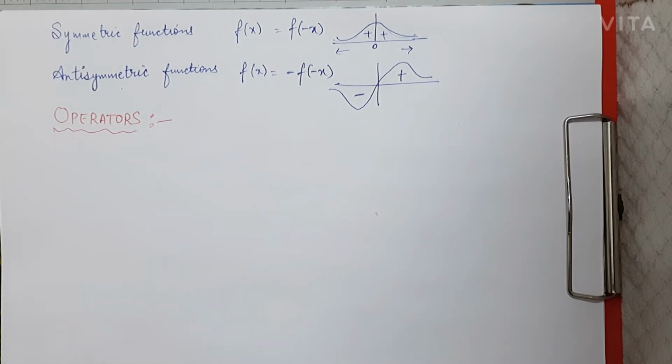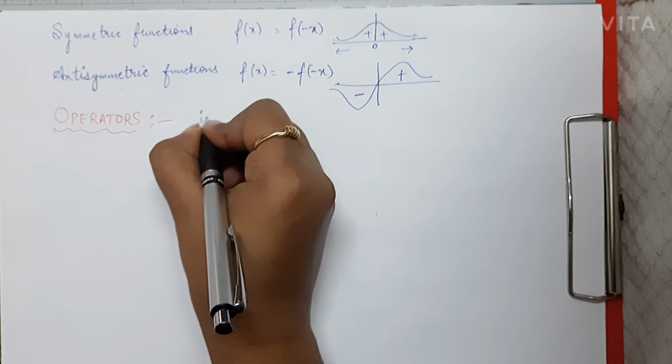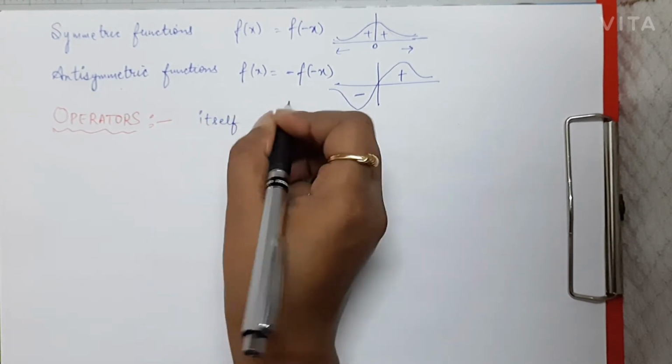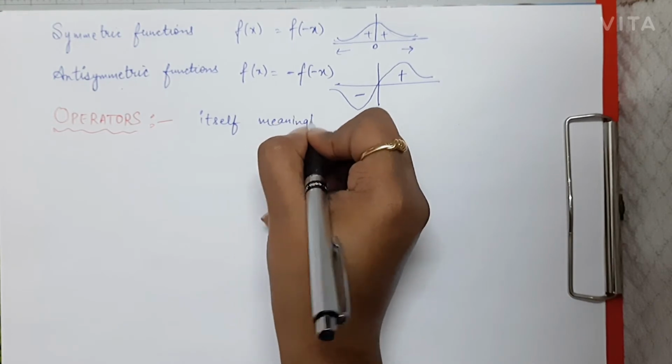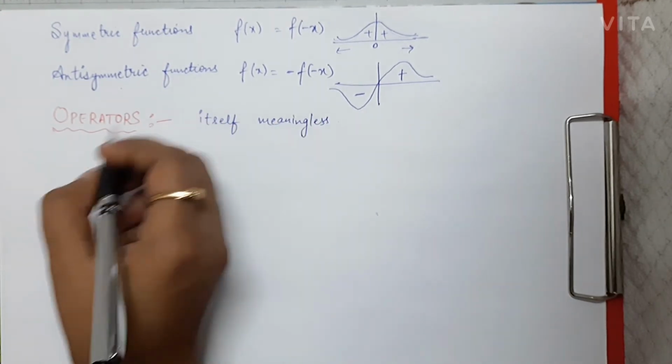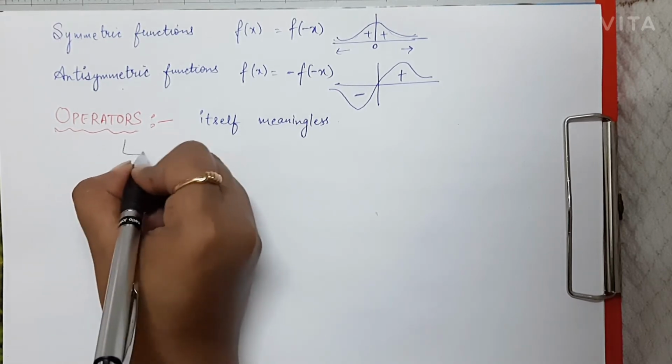Now, if we talk about operators, then an operator by itself is meaningless. Okay, operators by themselves are meaningless. They are going to give us meaningful results when operated over a function.